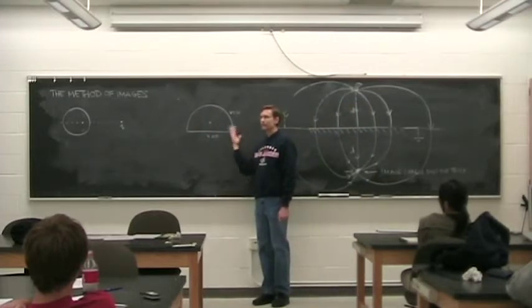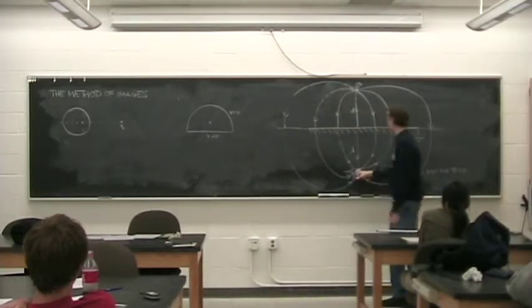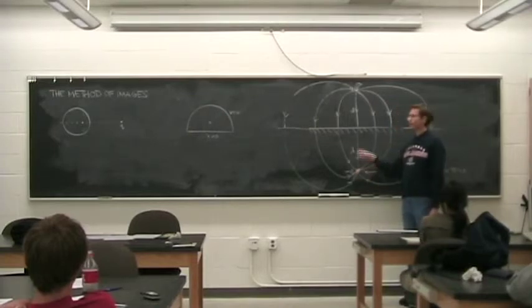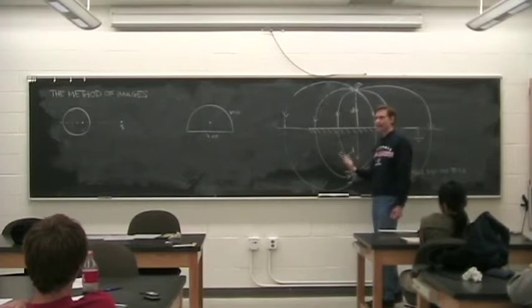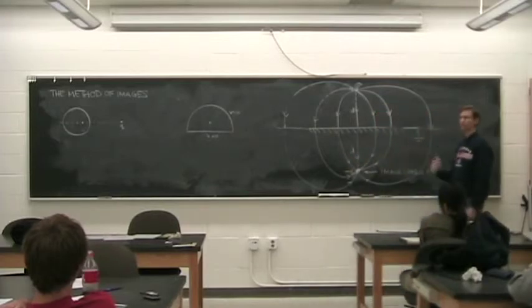But wait, the uniqueness theorem says, if by hook or by crook we find any solution which satisfies the boundary conditions, it's the only solution. So therefore, even though we just made this up out of whole cloth, it works above the plane, it satisfies the boundary conditions, therefore it's actually the unique correct solution above the plane.